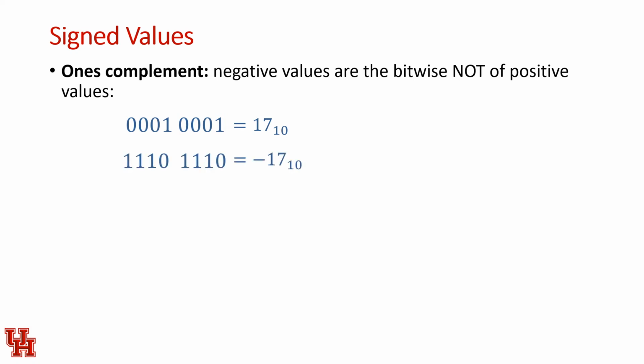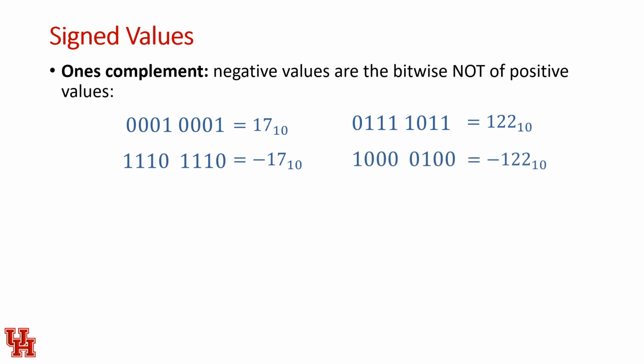However, the negative value is calculated by applying a bitwise NOT operation to all of the registers. For another example, look at the binary value for 122, which is 1111011. We can calculate the corresponding negative value by flipping all of the bits in that binary number.